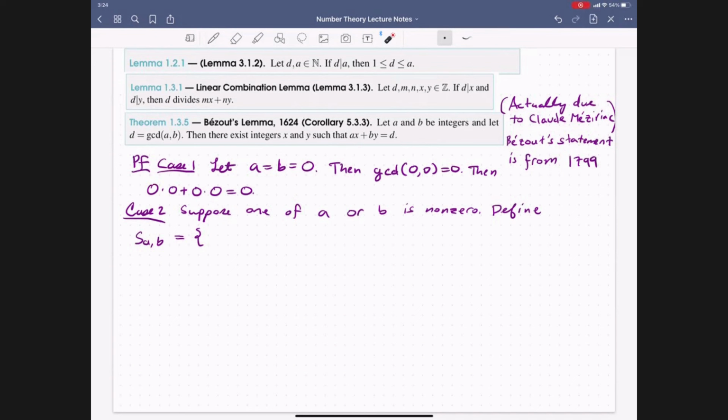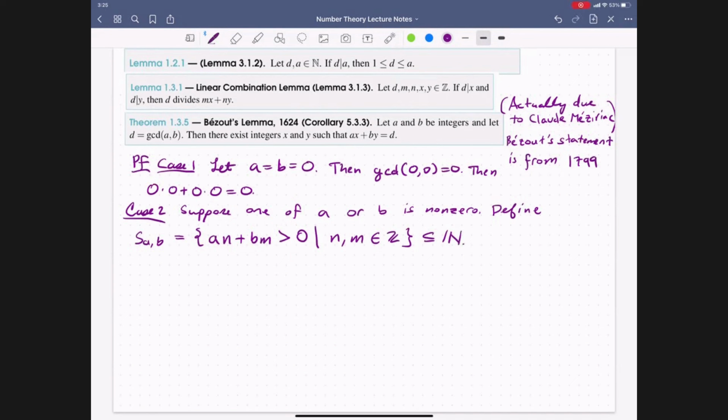So for that reason, I'm going to define this set as those collections of a times n plus b times m, where this quantity is always positive, such that n and m are integers. By construction, because of the condition that this is always a positive quantity, we get for free that this is a subset of the naturals. So we are one step closer to applying the well ordering principle.